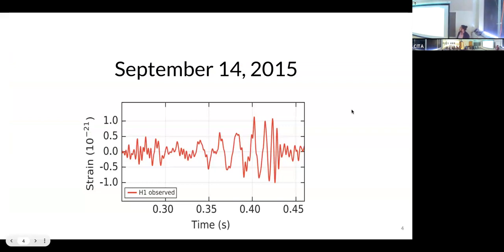And a day or two after turning on the detectors, we saw a signal that looked like this. This is just showing what's in the Hanford detector. So this was September 14th, 2015, which is actually a long time ago now, I realize, but it feels like yesterday. And over time, we saw this signal, which was increasing in amplitude and in frequency until some sort of catastrophic event where suddenly the signal peters out.